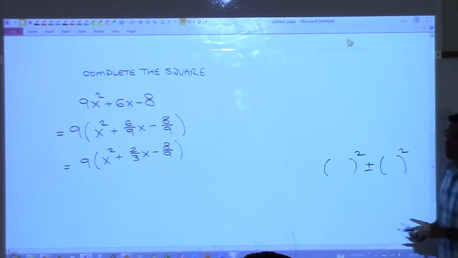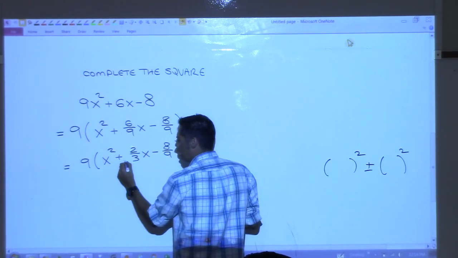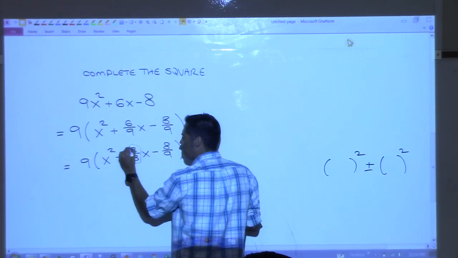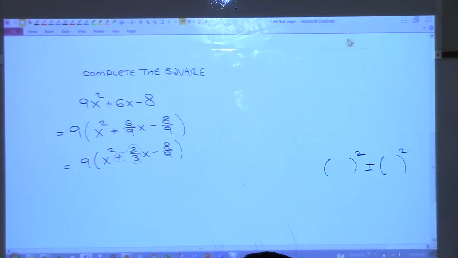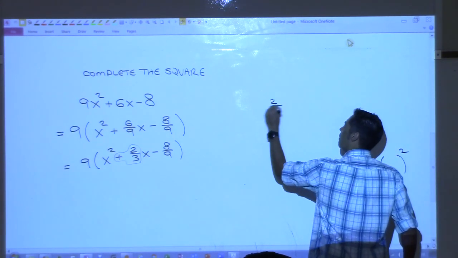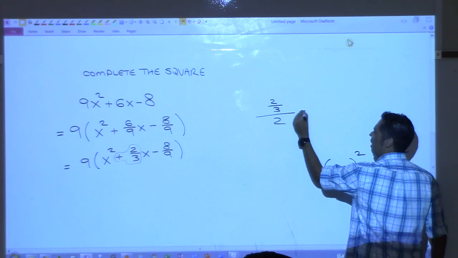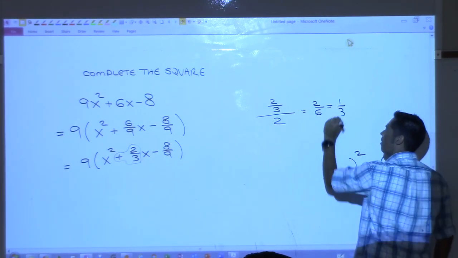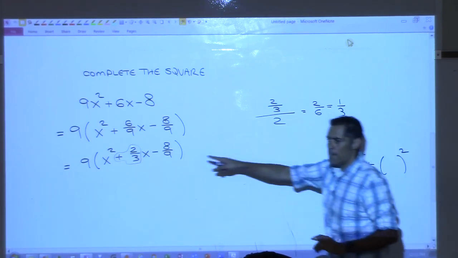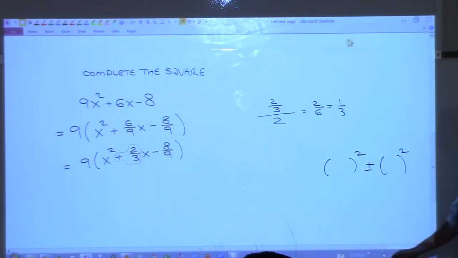So now, once we have a coefficient of 1 here, we look at the number, including the sign, in front of x. We're supposed to do something with that. Y'all remember? Divide by 2. So I take 2/3 and divide it by 2, which really turns it into 2/6, which is 1/3. So you're supposed to take that middle number, divide by 2. What do you do with that answer? Square it.